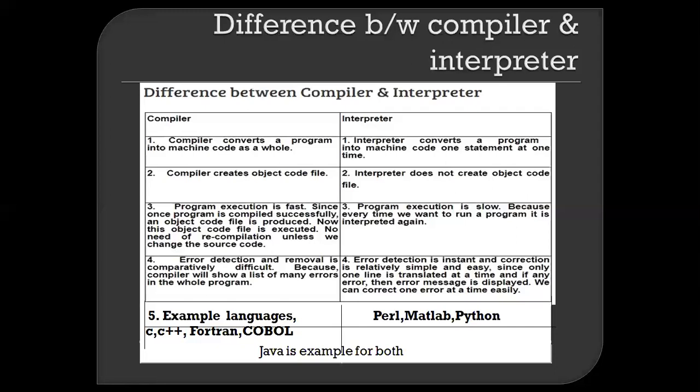After that, the C compiler was used for many years. But nowadays every programming language designs its own compiler in its own language. And Java is an example of both a compiler and an interpreter.